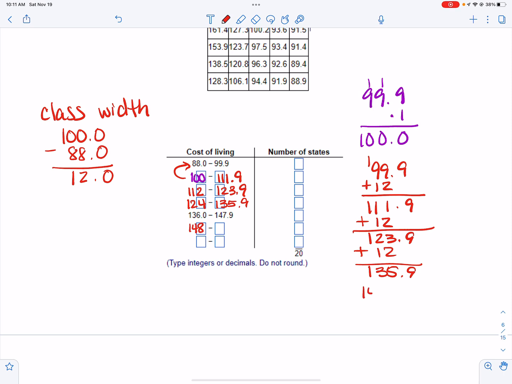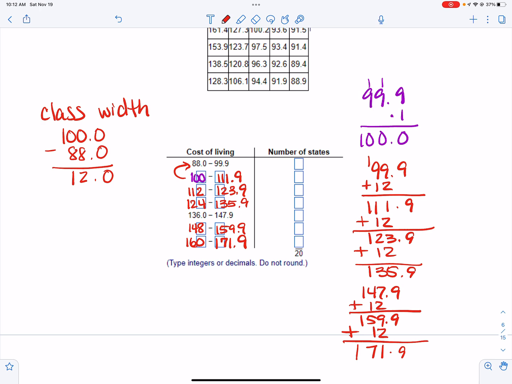And 147.9 plus 12 gives me 159.9. And then I will be at 160. And if I add 12 to that, I get 171.9. Okay, so that's how we're going to fill out those numbers.